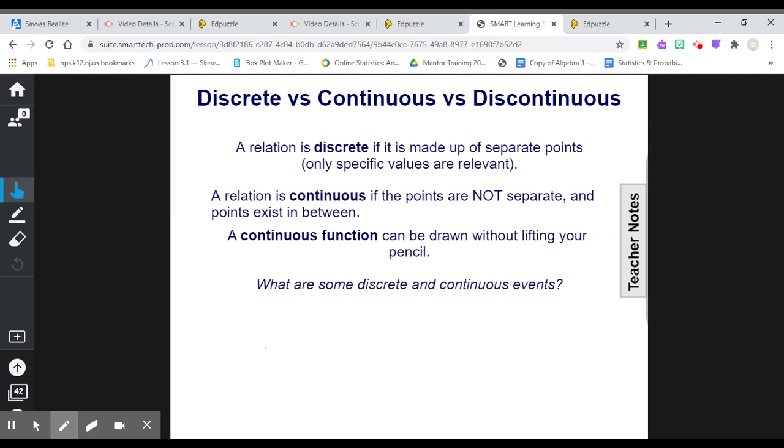So some of the events I can imagine for discrete would be, for example, turning on a light switch, so it's either on or off. So that's an example of a discrete event. Another example of a discrete event would be my shoe size, like what size shoes I'm wearing.